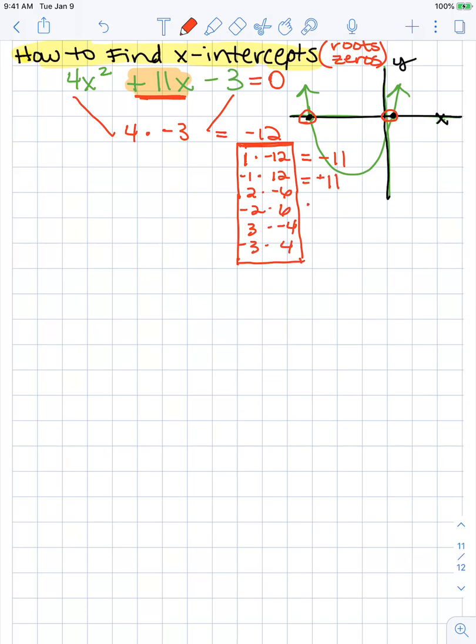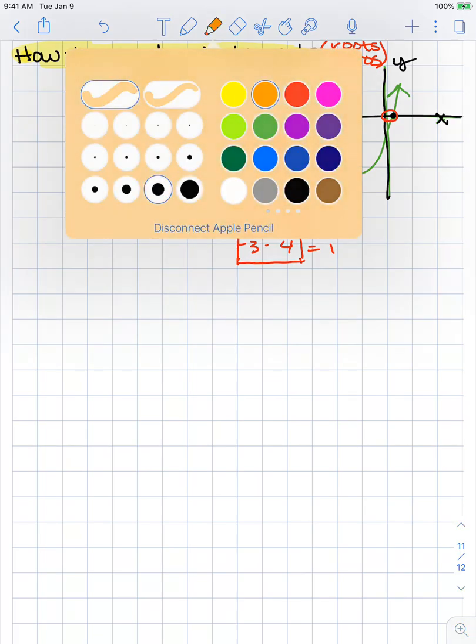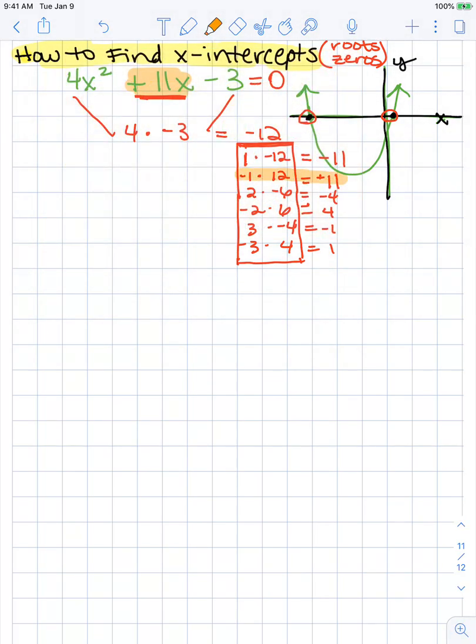This one adds to a negative 4, and this one adds to a positive 4. This one adds to a negative 1, and this one adds to a positive 1. Well, I want the one that adds to positive 11, so that's going to be this one right here. These add to a positive 11, but really what I want is a positive 11x.